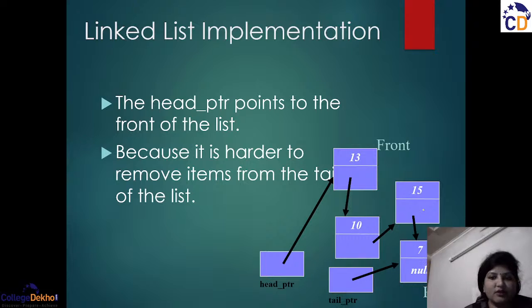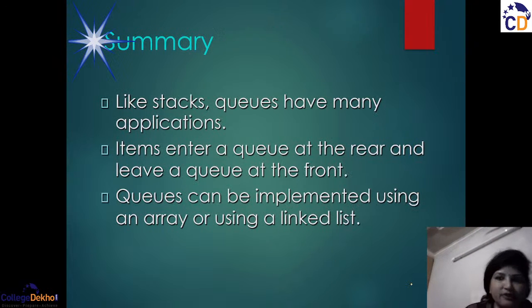This is the front part, the starting part, from where the first element is there, and the last part is the rear part. Now you can point out where the tail pointer is, because it is harder to remove items from the tail of the list. So we need to remove the elements from the front.